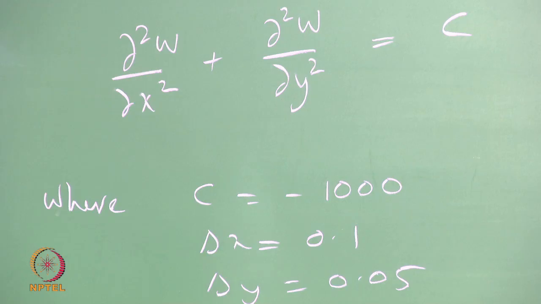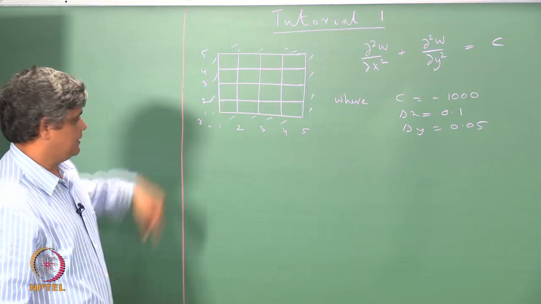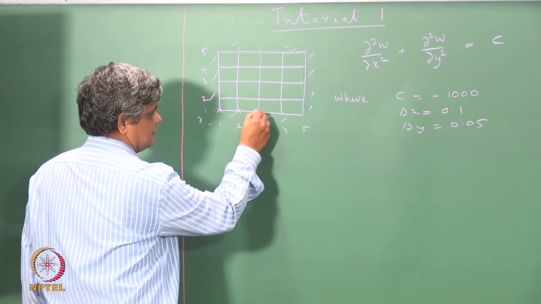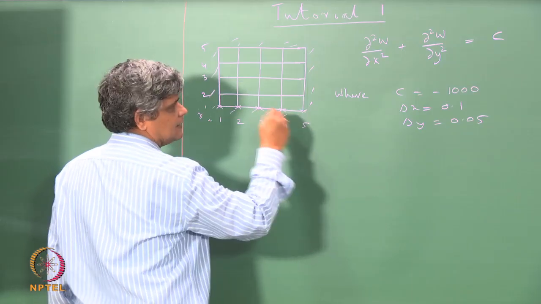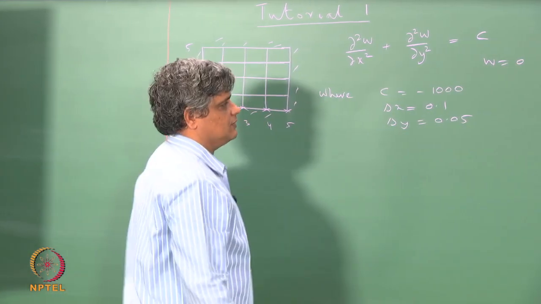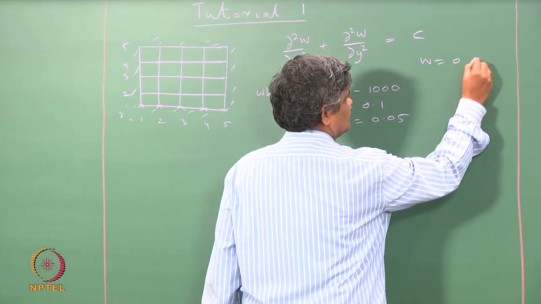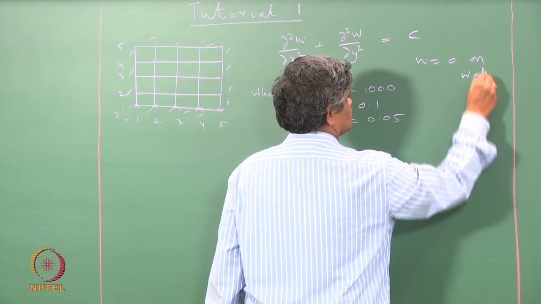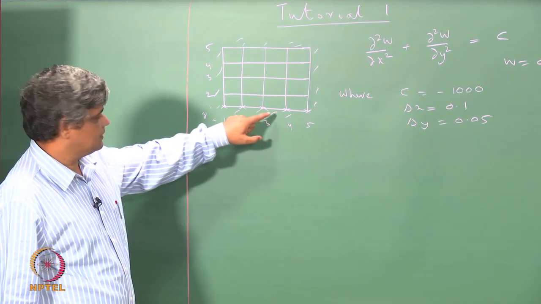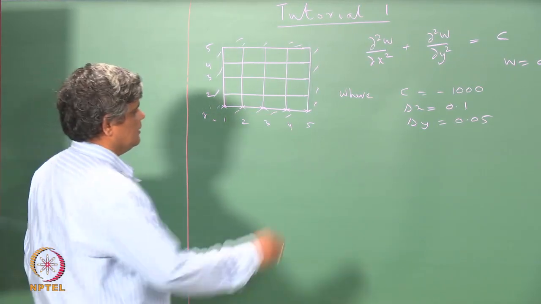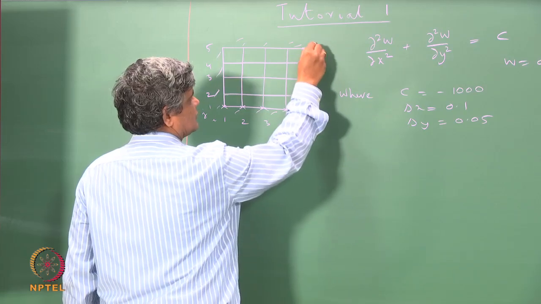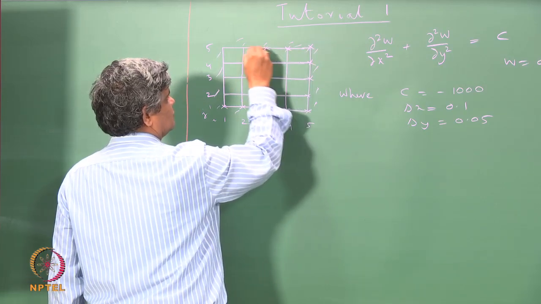Here, when we consider the domain, there are all these points on the boundary where velocity is equal to 0. So in all the positions where you have crosses, the velocity is known and it is 0.